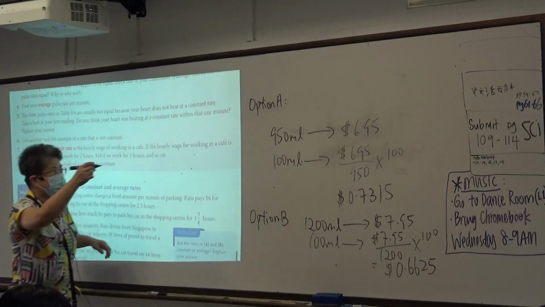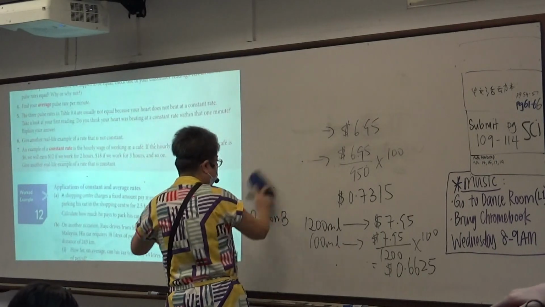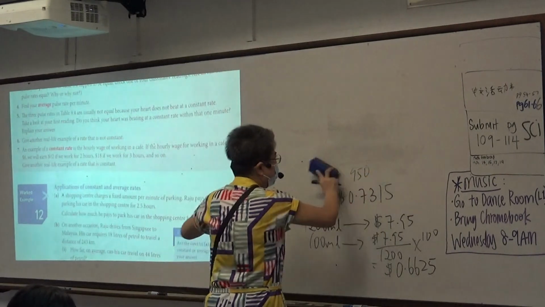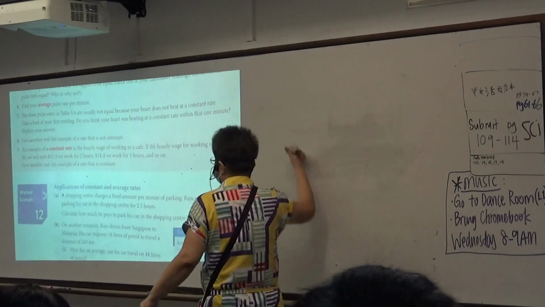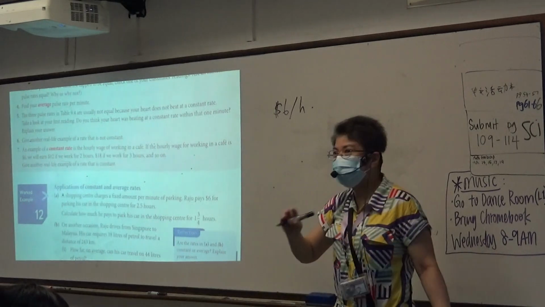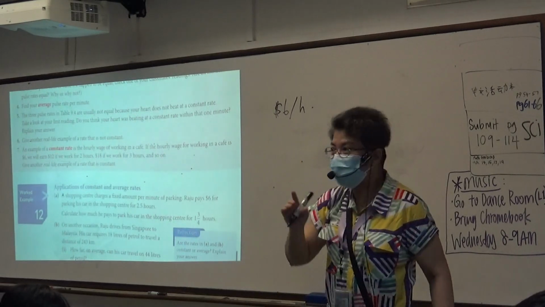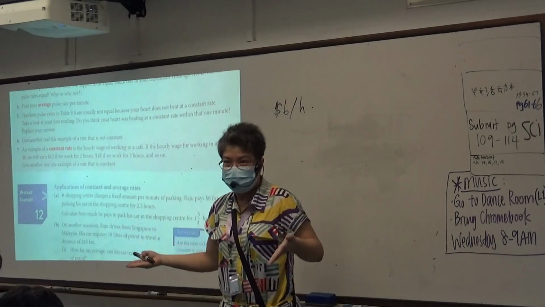For example, I write again. If this cafe offers $6 per hour, this is a constant rate. Because every hour I earn $6. Constant, it doesn't change.